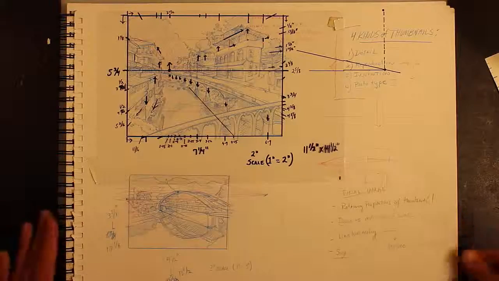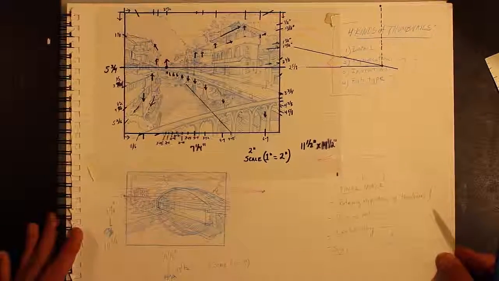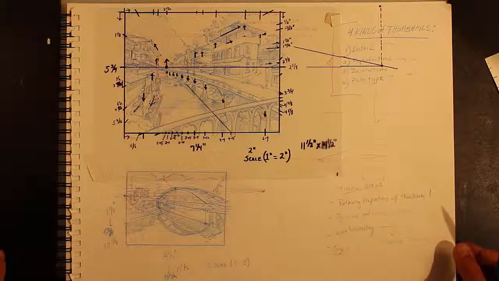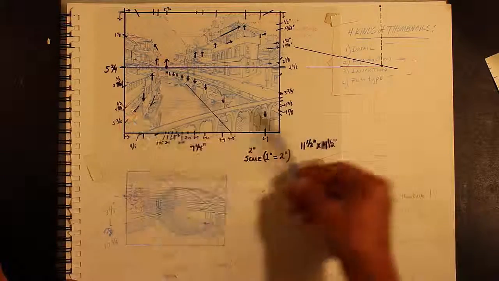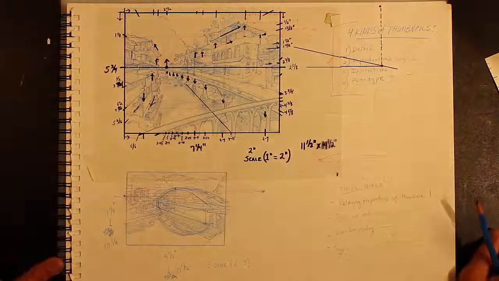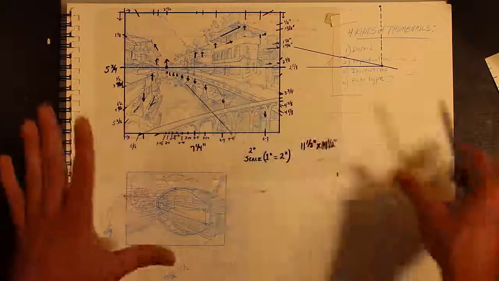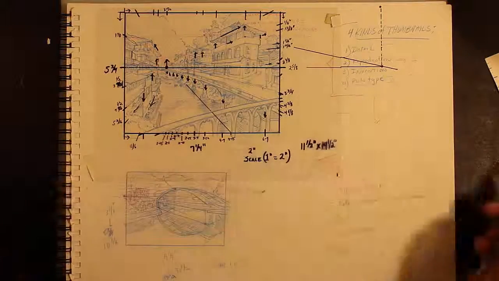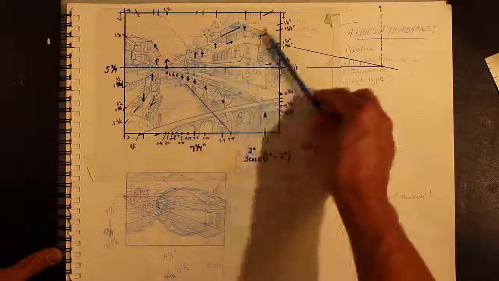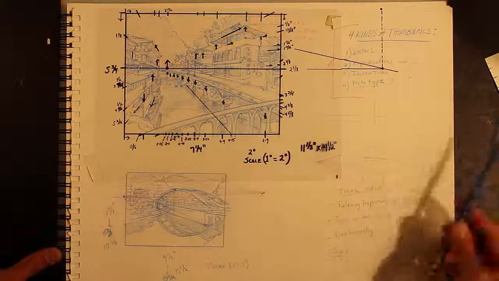Now the problem that often happens is that people do really great thumbnails, and the reason is that they're seeing it as a whole image, and everything's relating to the other. And then when they go to the larger image, they're starting all over. What they've worked so hard at crafting here, they tend to lose.